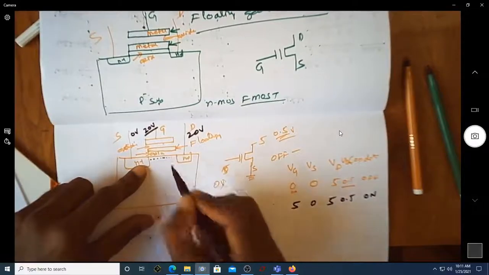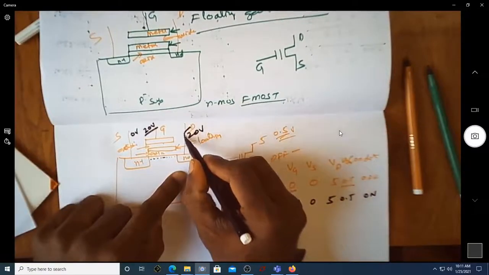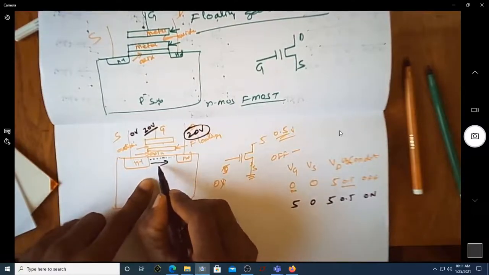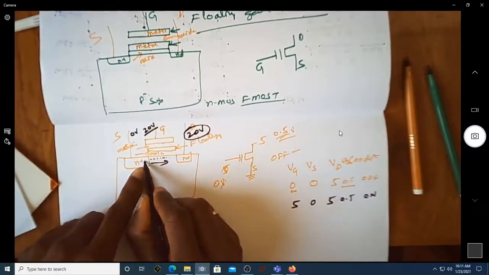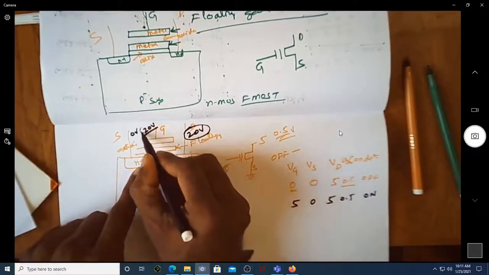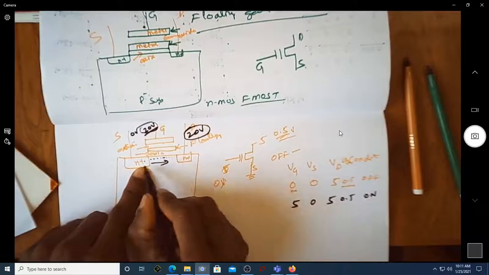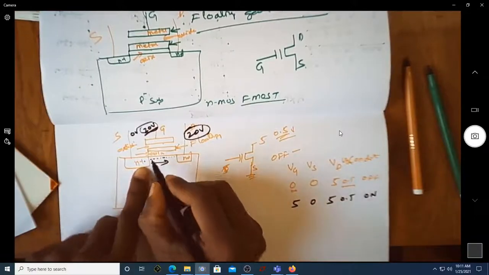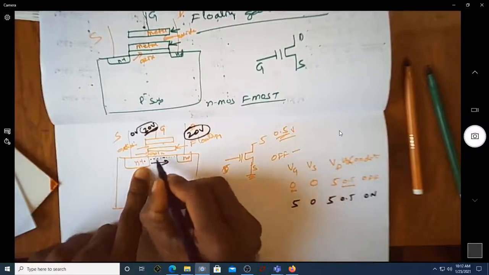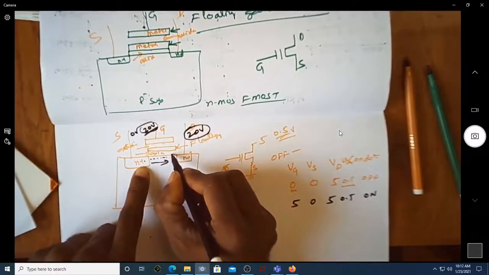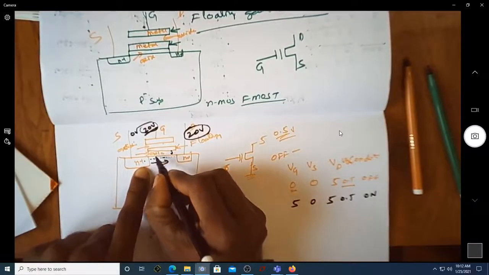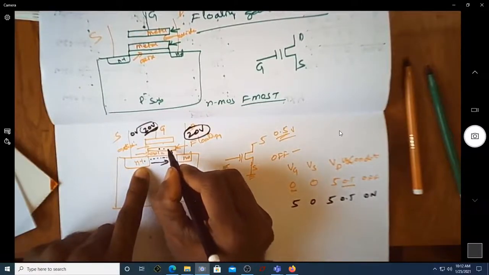The moment you apply this 20 volt, a huge rush of electrons will flow from source to drain. In such a case, because this potential and this potential difference are too high, there are chances that the electrons flowing in this direction, since the oxide thickness is very small, can come and sit here and settle down.